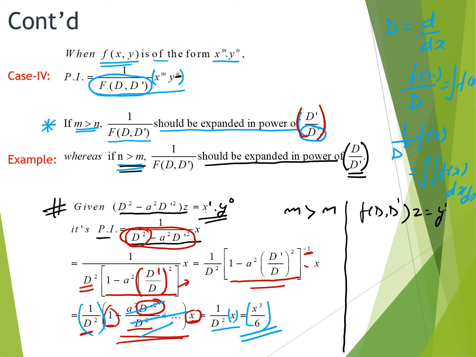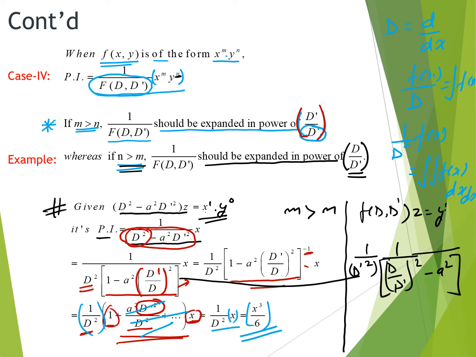In that case, we have to consider D' square as a common, and the denominator part will be D over D' square minus a square, into y.